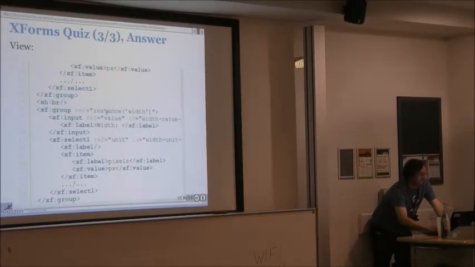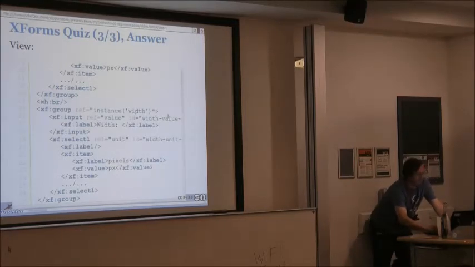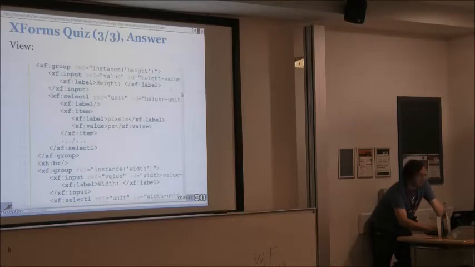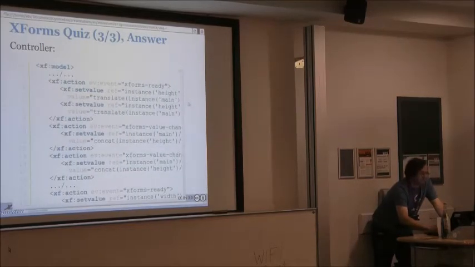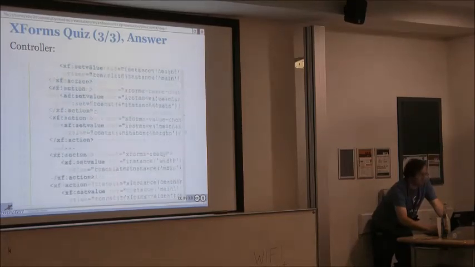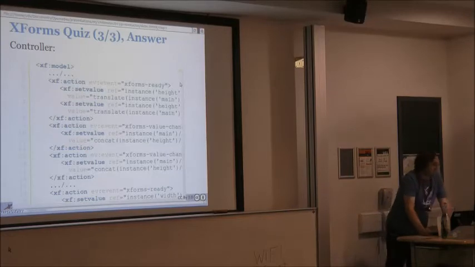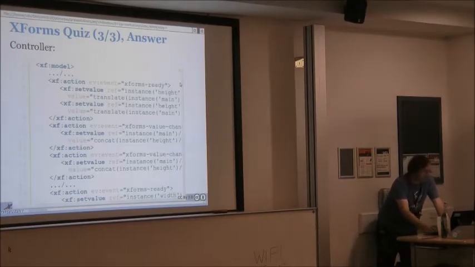The only difference is that the first time it's making reference to the width instance, and the other time it's making reference to the height instance. And I will have also to copy all the controls twice. And again, if you are using plain standard, interoperable XForms, this is the only way to do so currently.